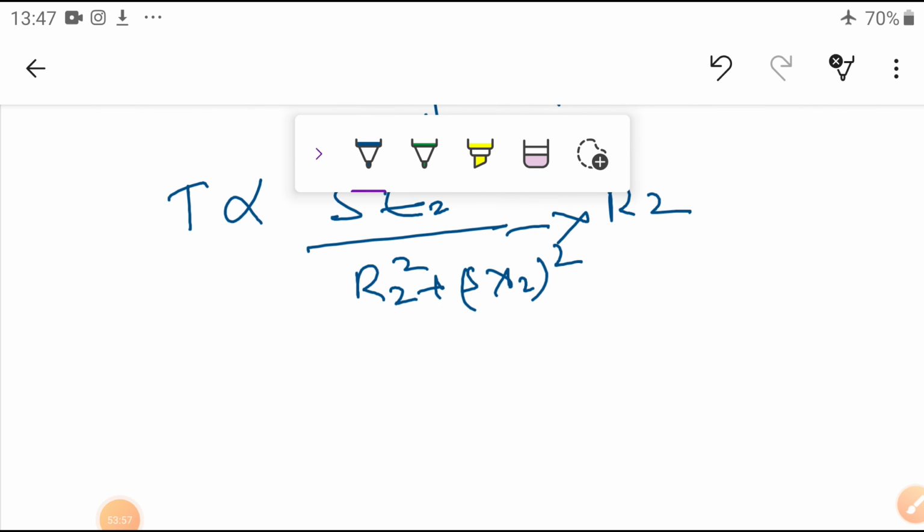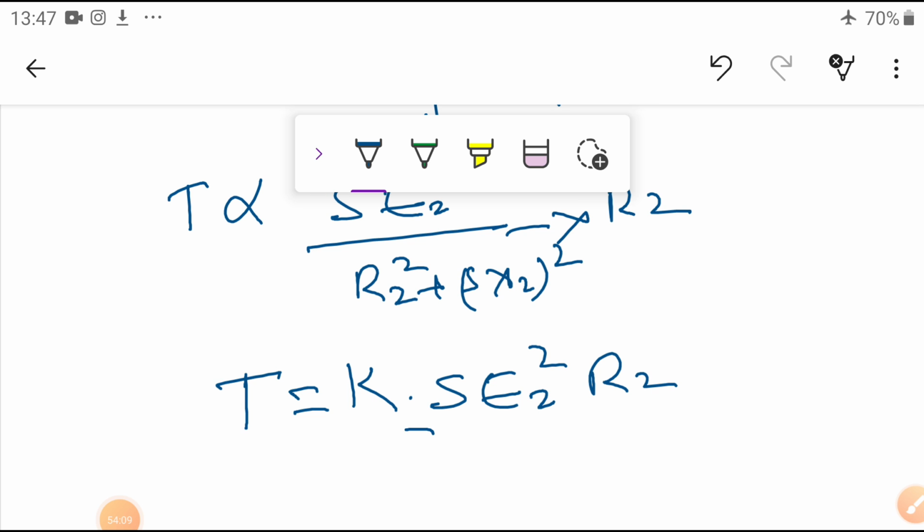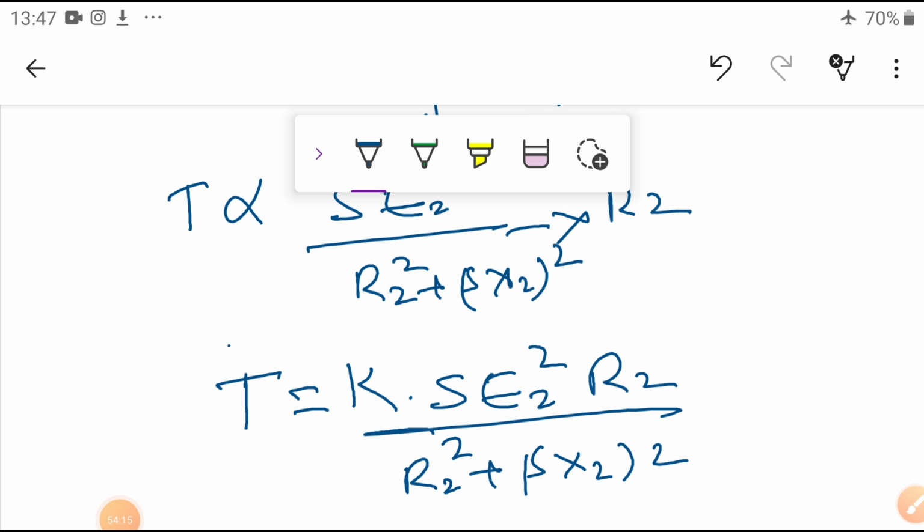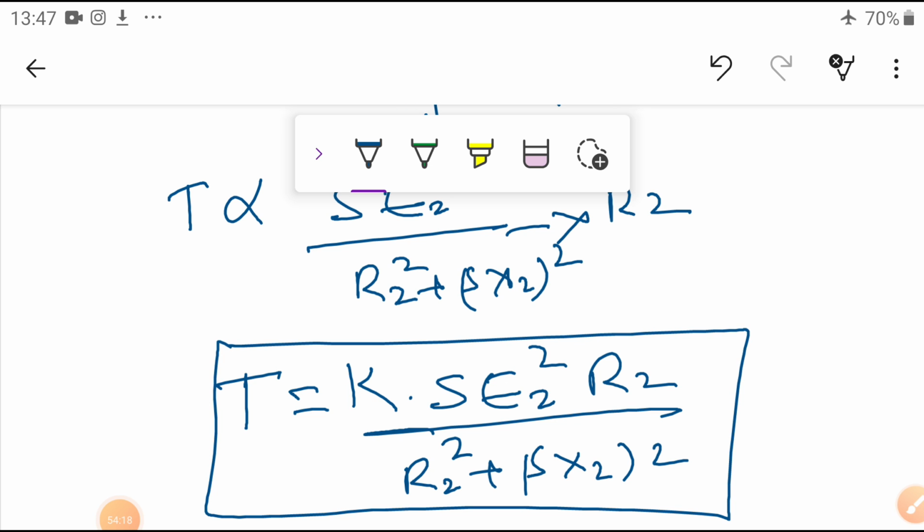So this is the torque equation. Previously we calculated torque as some constant into S E2 whole square R2 by R2 whole square plus Sx2 whole square. This is the equation we have already drawn. This is very simple.